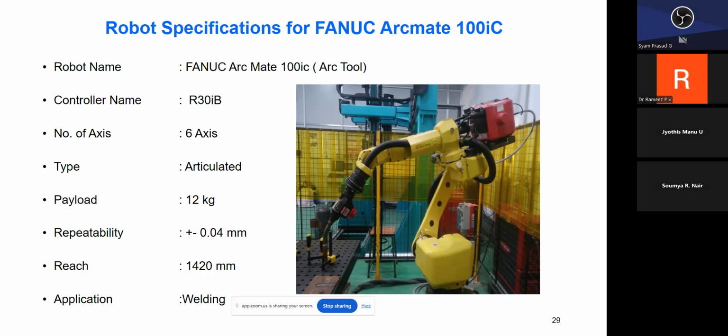Many customers are regularly coming and printing components using this machine. The maximum reach is 1420 mm. So you can print a component with a size of 700 to 800 mm plus 800 mm plus 800 mm using this machine.